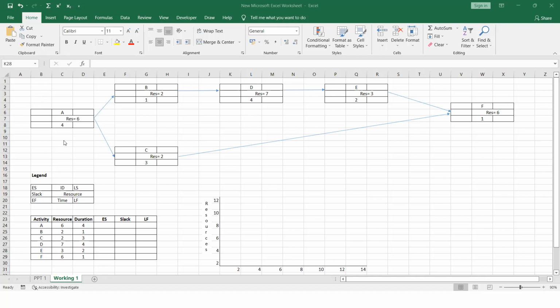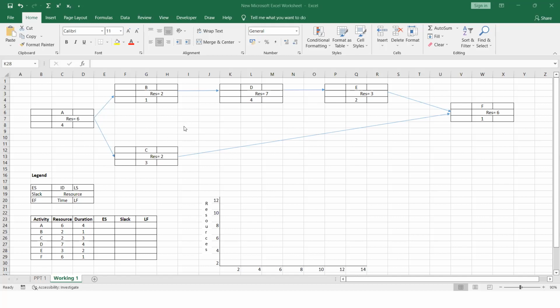Right. So in this Excel sheet, they have given us the ID of the activity as well as the time, right? After giving the time and ID, they are indicating the resources as well, the resource requirement for their activity, right? And you can see I have drawn the project network for you, right?